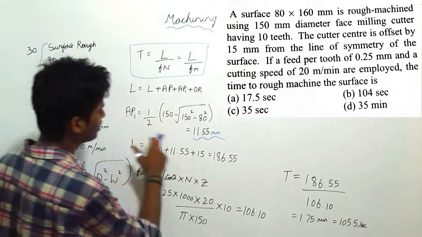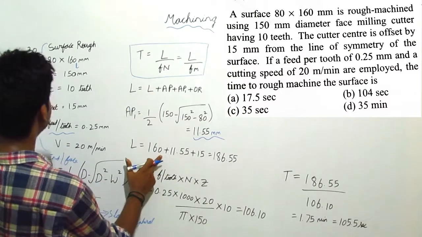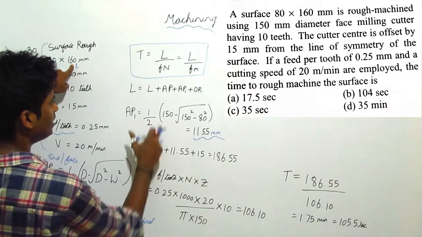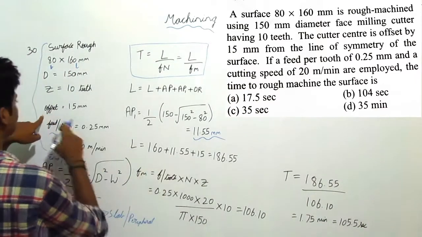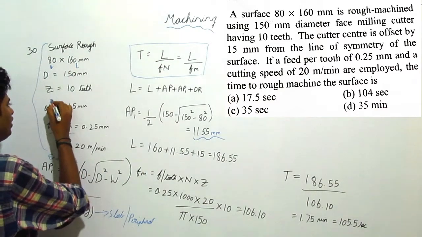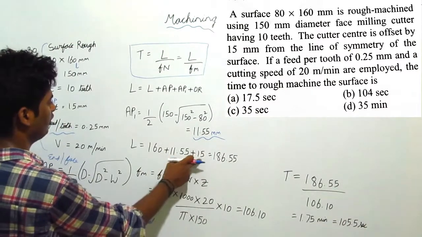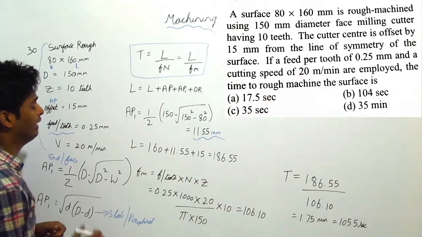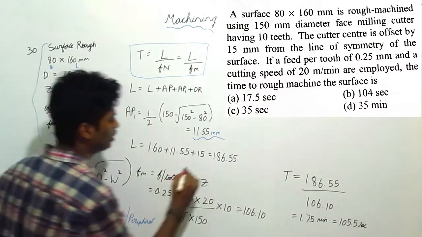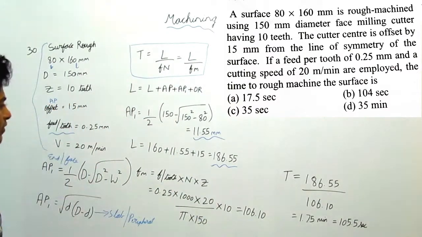This compulsory approach is 11.55 mm, and total length L is 160 plus AP, which is the offset, 15, plus the compulsory approach AP1. OR is not given, so neglect it. This is the final total length value, 186.55.